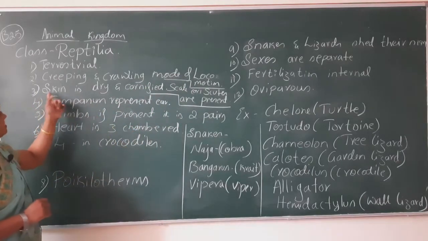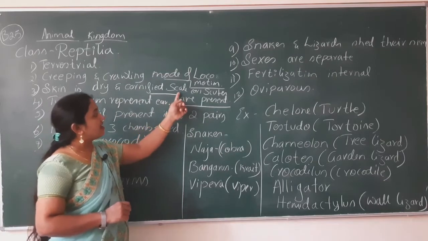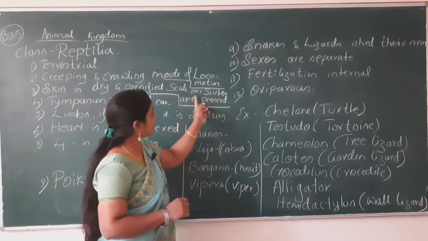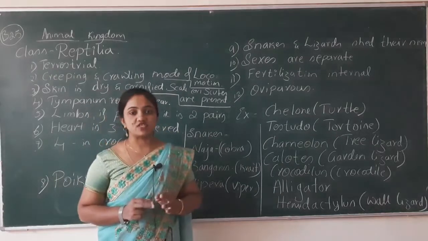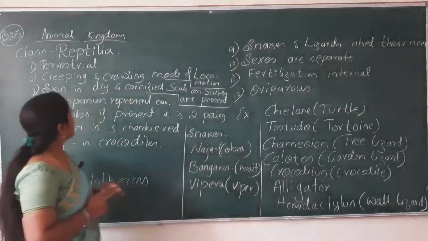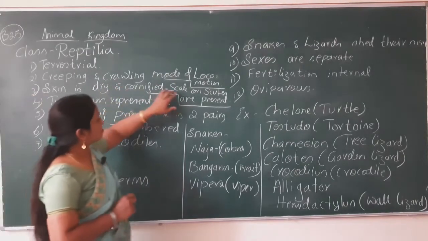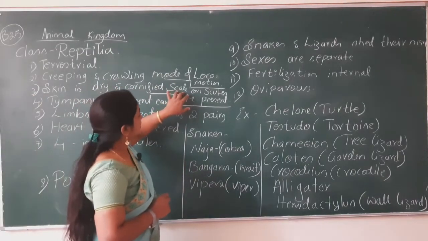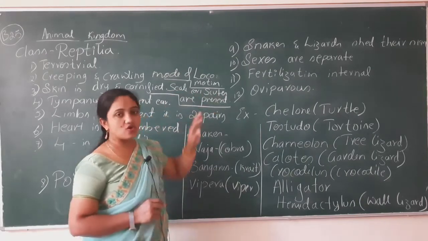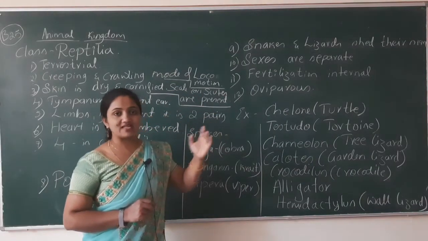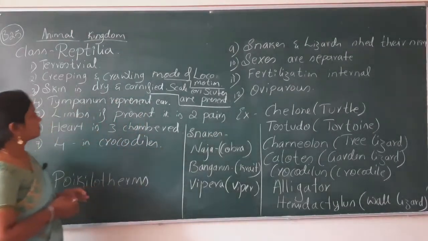Third one is skin is dry and cornified, having scales or scutes on the surface of the body. So their skin is dry, and the dry skin is covered by scales or scutes. The scales and scutes are as follows.